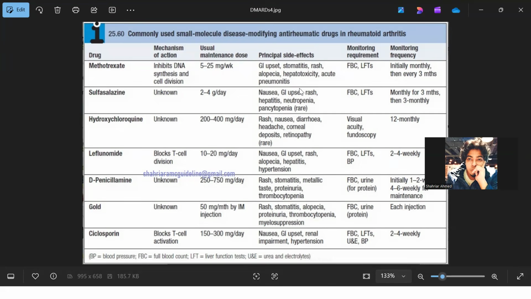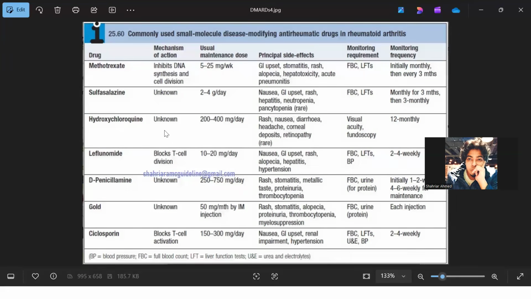Before going into that, a universal thing about DMARDs: most of them can affect the liver. You heard that right? Most of them can affect the liver, and can lead to drug-induced hepatitis. So that is common to all.